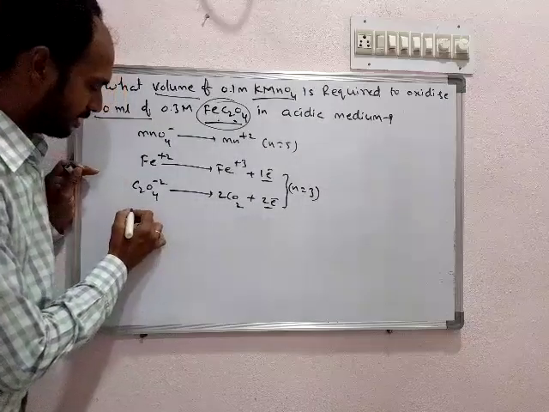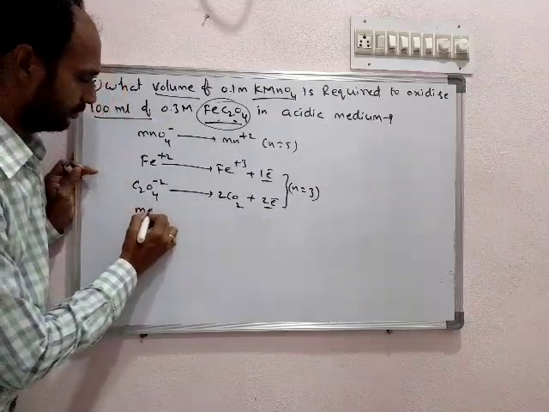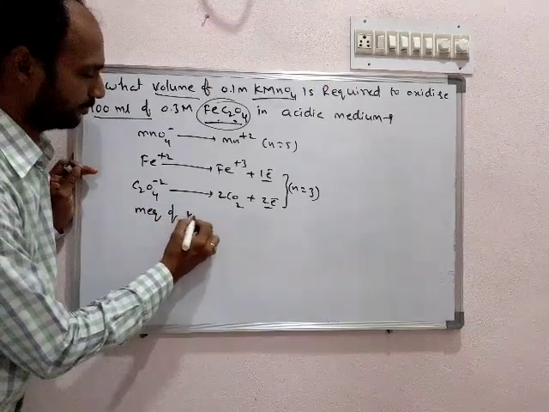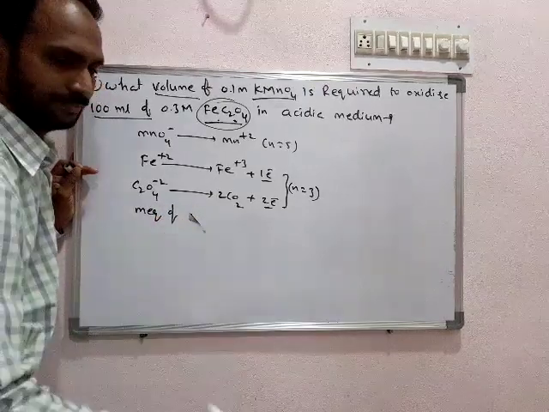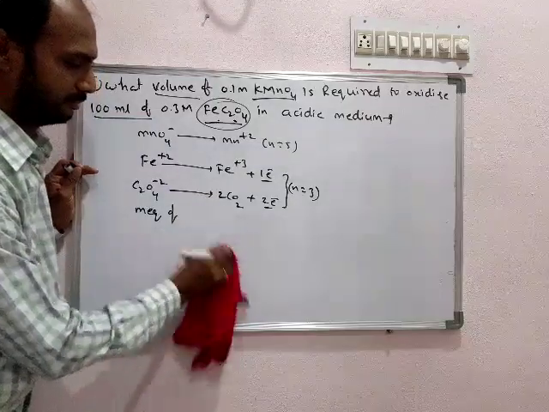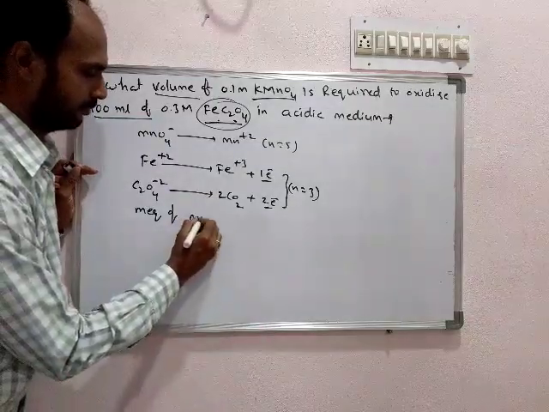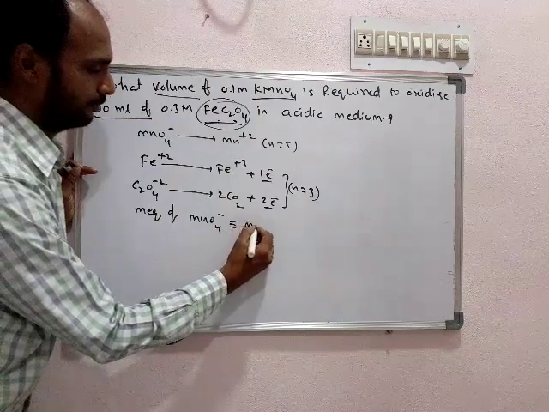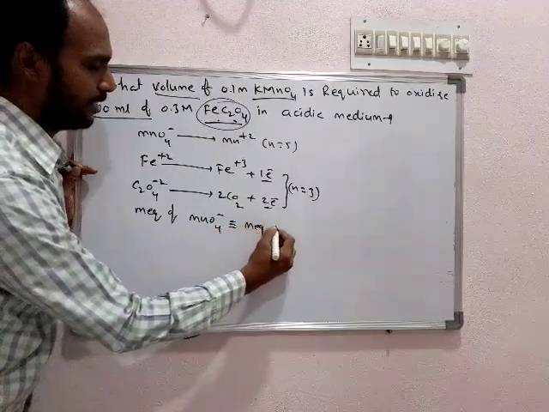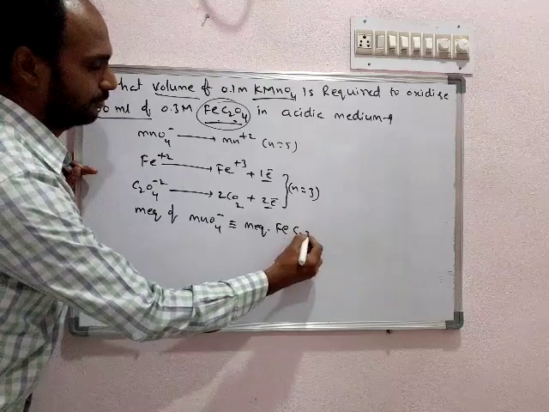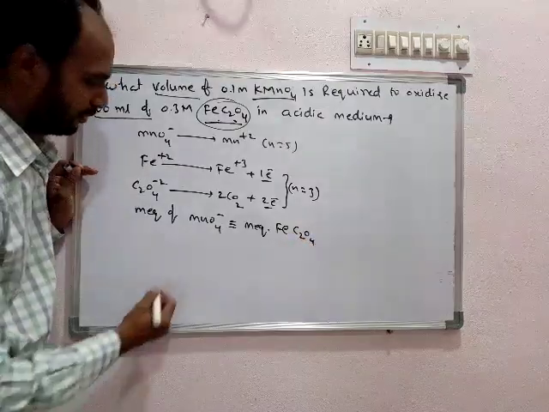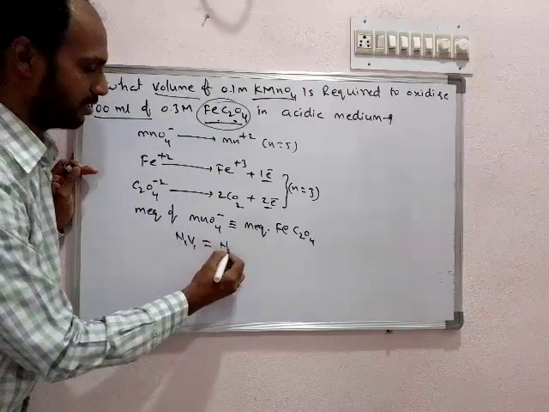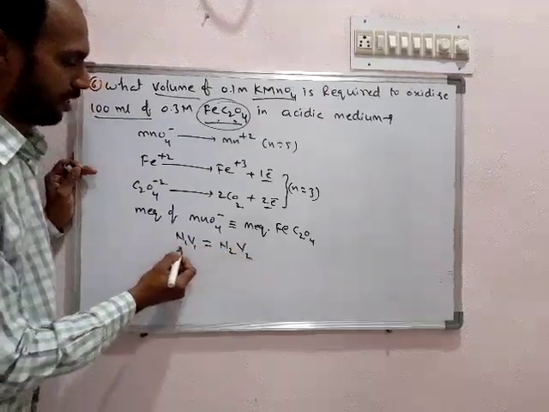Here we can write milli equivalence of permanganate with milli equivalence of FeC2O4. So milli equivalence, we know N1 V1 equals N2 V2.